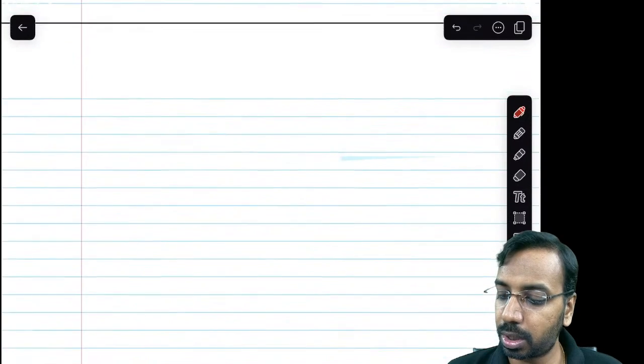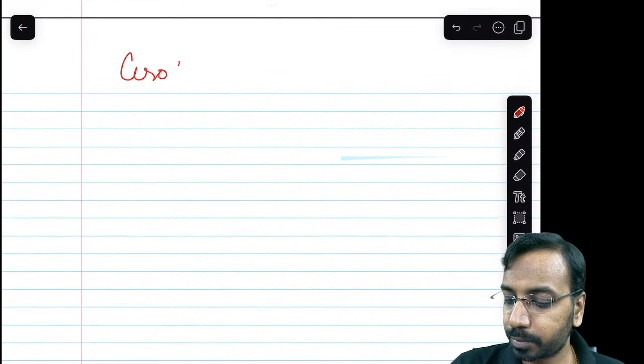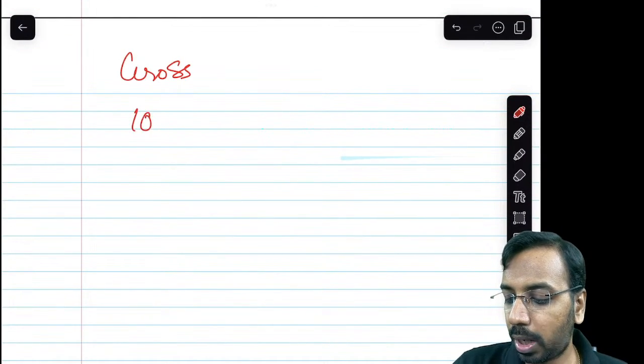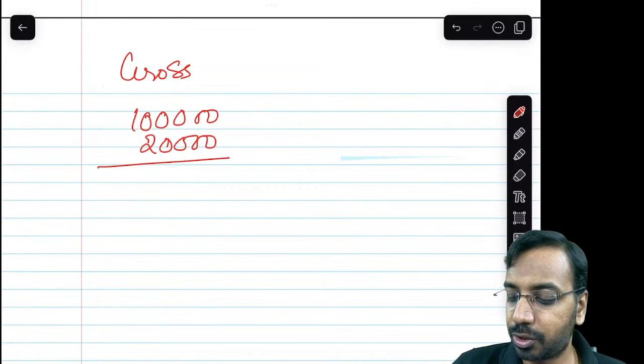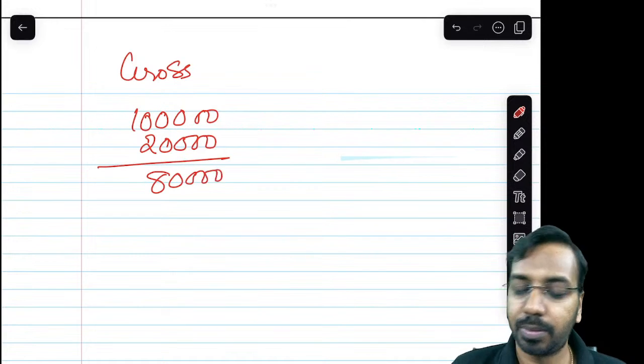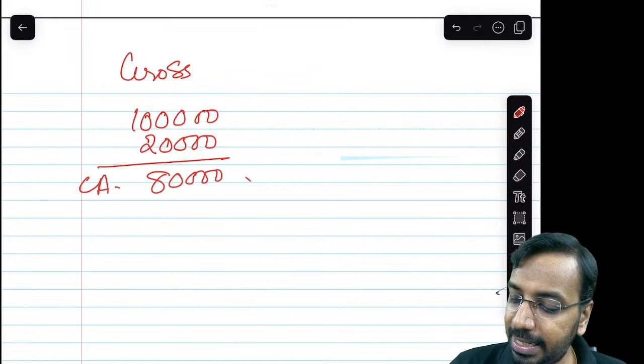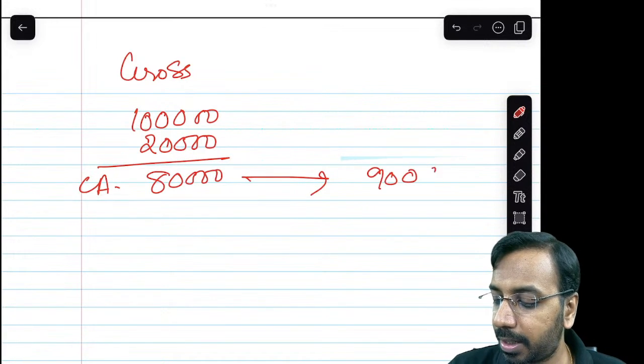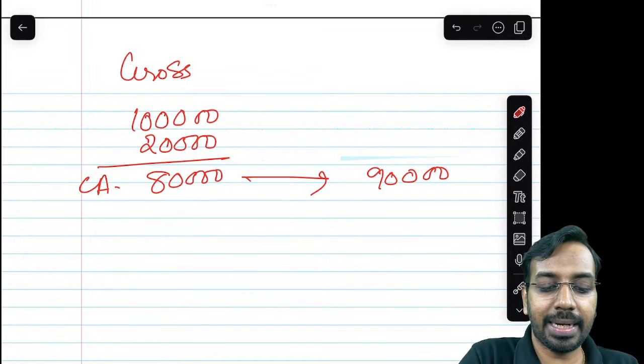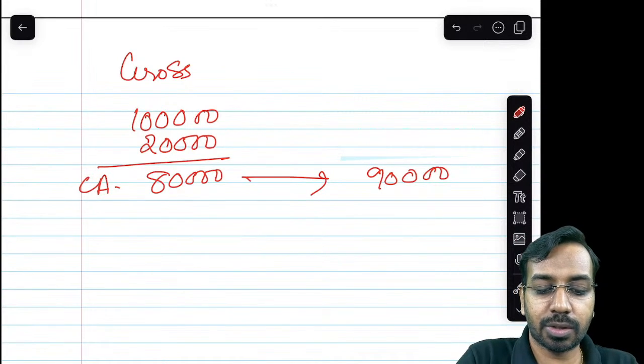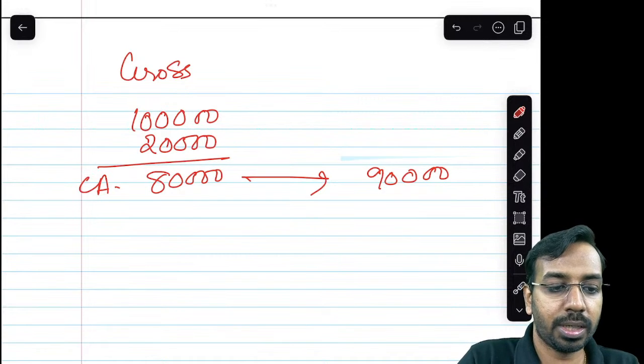Another method is the gross method. What does the gross method say? 1 lakh is the cost, 20,000 is the depreciation, 80,000 is the carrying amount. Now this 80,000 I am making 90,000. 90,000 divided by 80,000, what is the change?